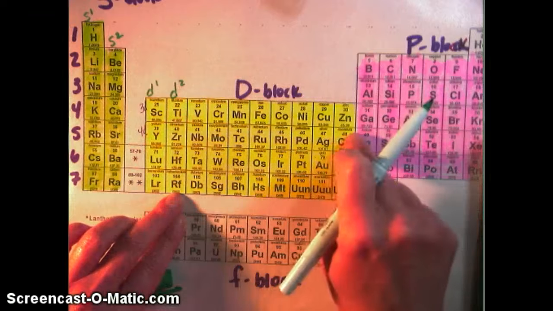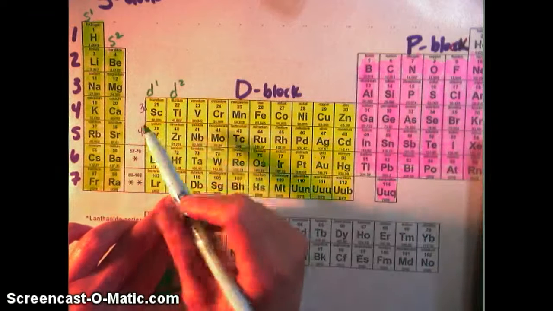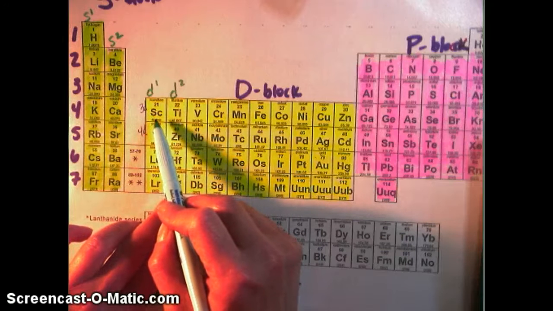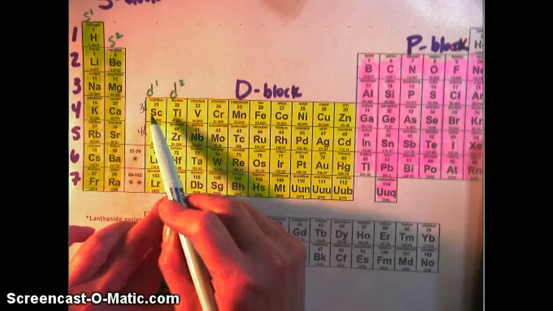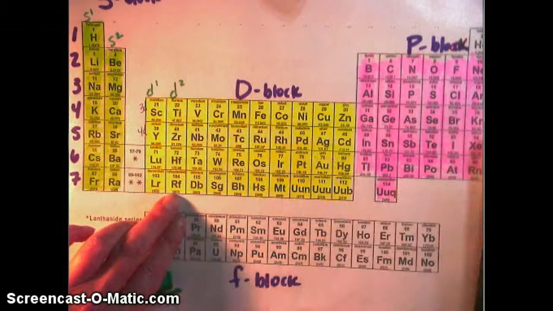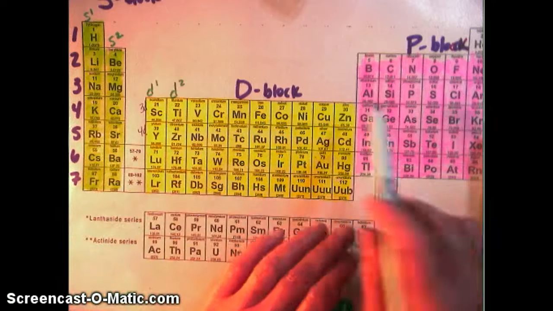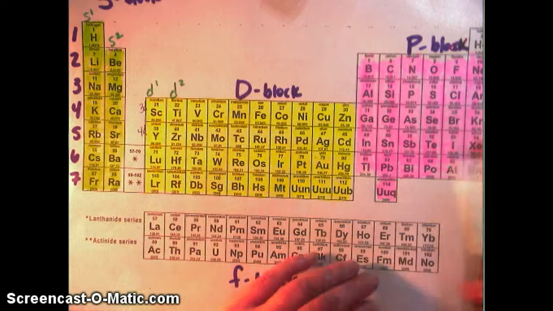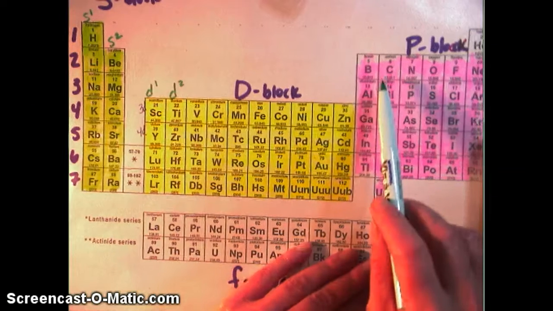D2, etc. And you'll notice if you count across from left to right in the D block, you would expect there to be able to hold 10 electrons: 1, 2, 3, 4, 5, 6, 7, 8, 9, 10. The P block, remember, has 3 orbitals, each holding 2 electrons, and it can hold 6 electrons.